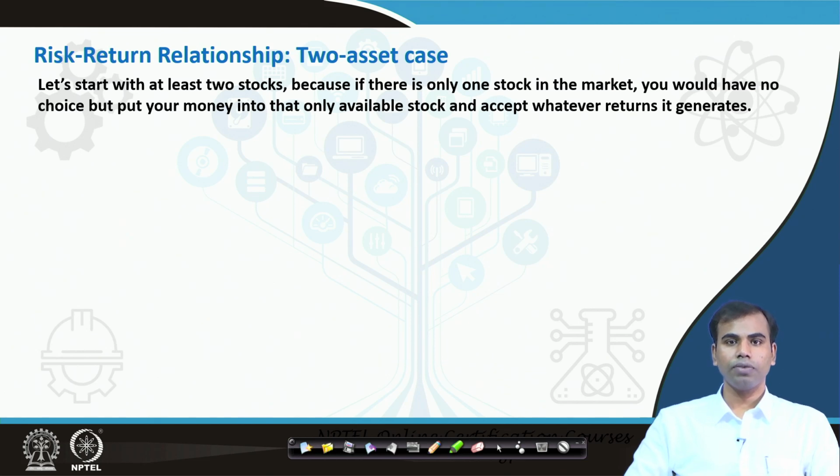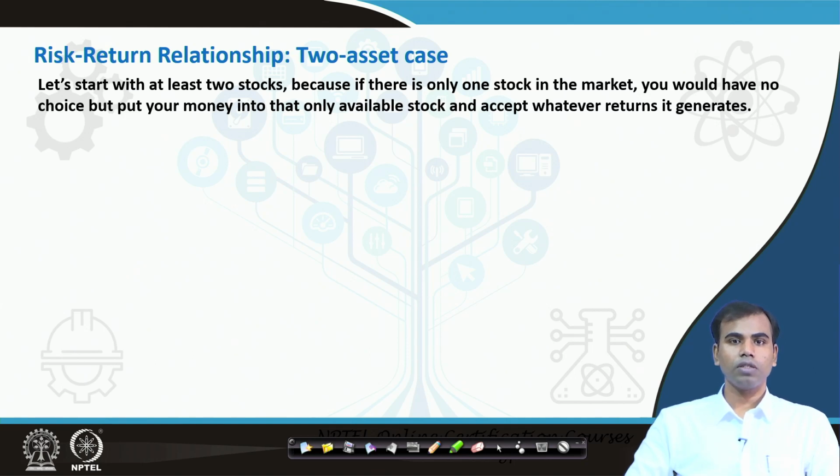Whatever money you save will be deposited in that same fixed deposit, because you have no other choice. So, if there is only one asset in the economy, all the savings and investment would go to that particular asset only.